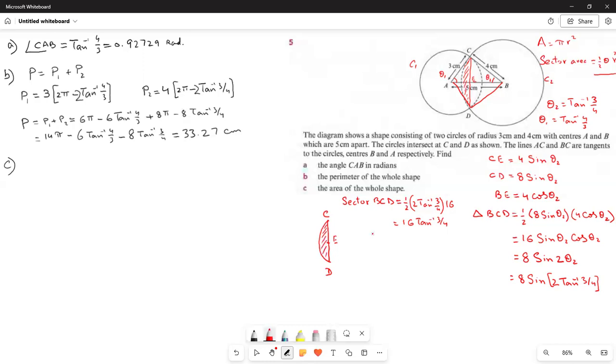This area is equal to the area of the sector, which is 16 tangent inverse 3 by 4, minus area of the triangle, which is 8 times sine of 2 tangent inverse 3 by 4.